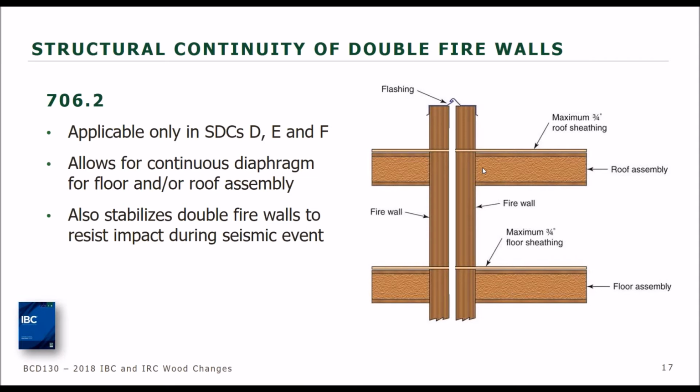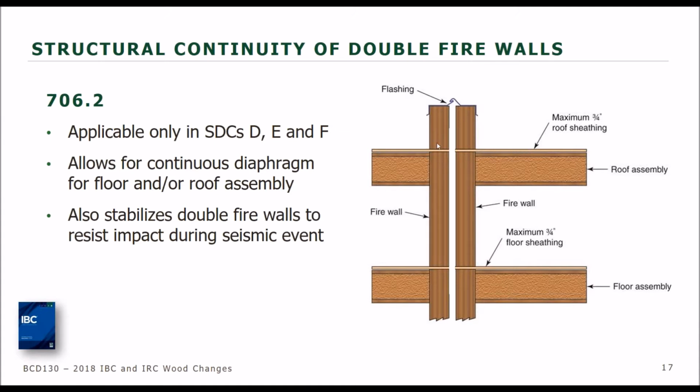So we can do one of two things. We can either provide a seismic separation between the two buildings so that they don't bang into each other during an earthquake, or we need to connect the building together. And if we had to provide a seismic separation, this separation could be really big and something that's not architecturally pleasing. Sometimes there are detailing requirements that can't always be provided in this type of architecture.